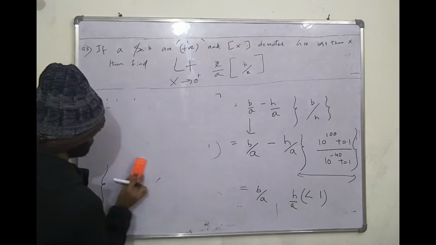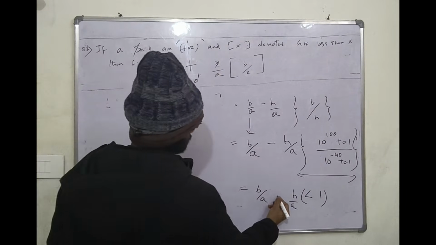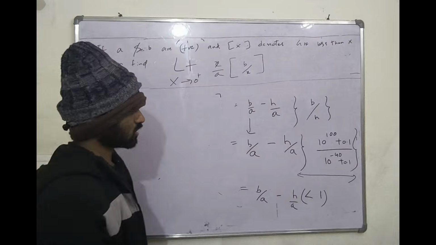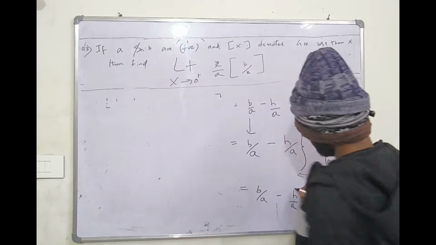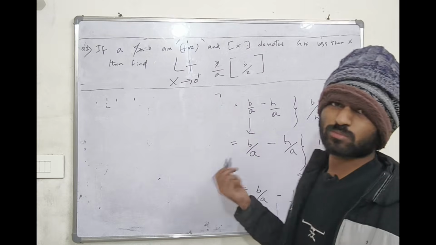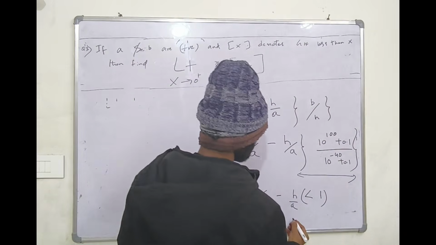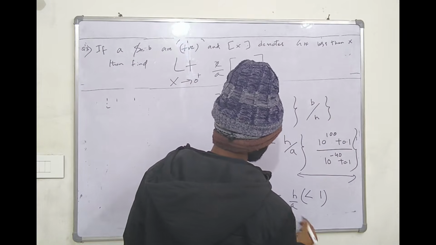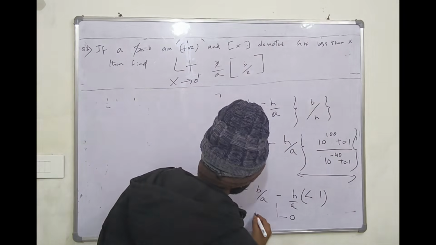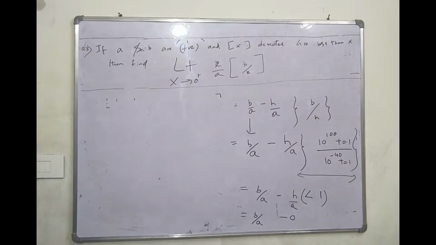Okay, good. So minus. Now since it is tending to 0, very small h, 10 power minus 40, so this value is tending to 0. Okay, minus 0, and this is b by a. Okay, understand?